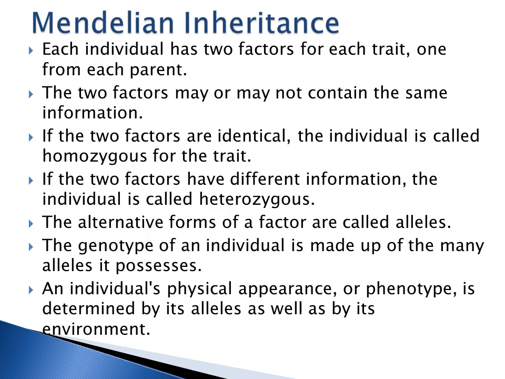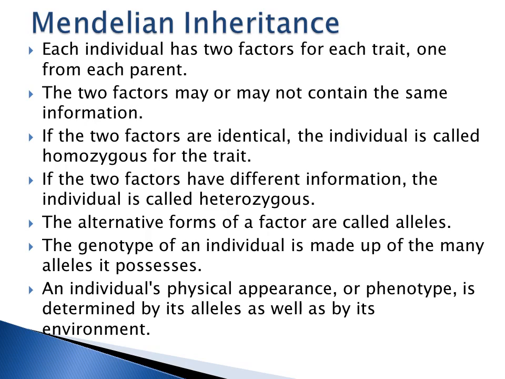We already went through the laws of inheritance, but let's get a little bit more specific with Mendelian inheritance. So in Mendelian inheritance, each individual has 2 factors for each trait. We already said that, one from each parent. The 2 factors may or may not contain identical information. If the 2 factors are the same, the individual is called homozygous for that trait.